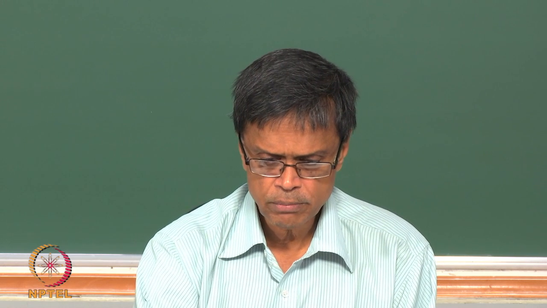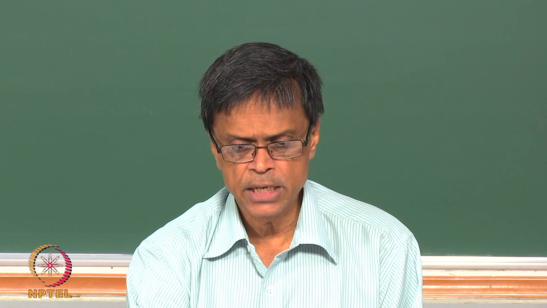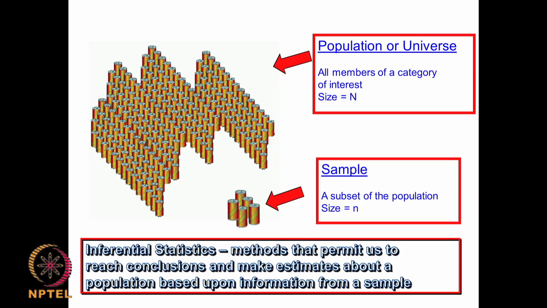Now I want to slightly switch gears and talk about something called population and sample. Population is something very big. For example, when I say there are 5 fatalities on the road in a metropolitan city, that means this data must have been collected over a very long time.